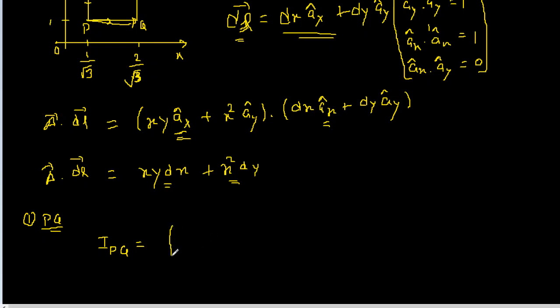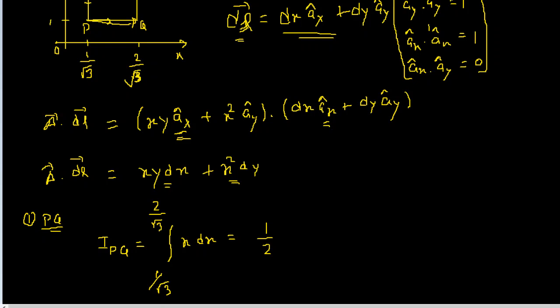So from 1 by 3, 1 by root 3 to 2 by root 3, PQ is changing. Okay, so you can write here as below: x dx, which comes out to be, after solving this equation, 1 by 2.